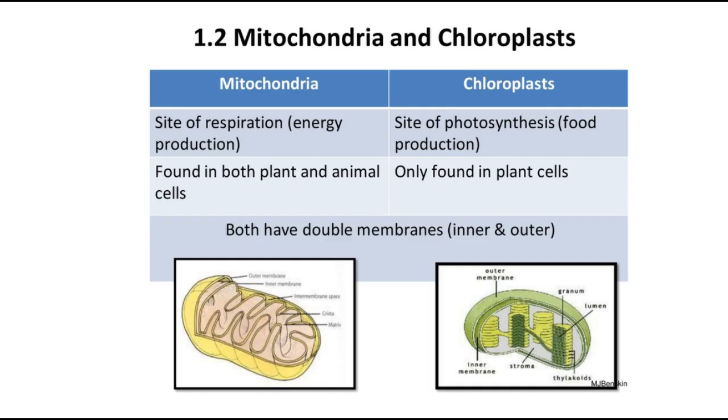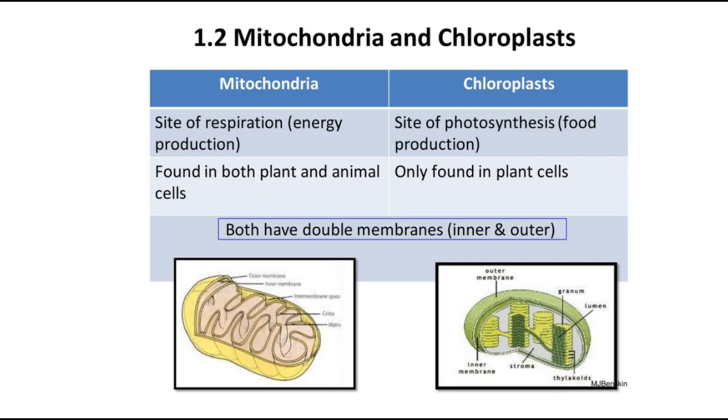So if you look at the diagrams carefully, you would notice that both of them have double membranes. Let's start there. They're both double membrane organelles. So they have this inner and outer membrane. But one of the distinctive features of each, so if we start with the mitochondrion, you will notice that we have these inner folds.